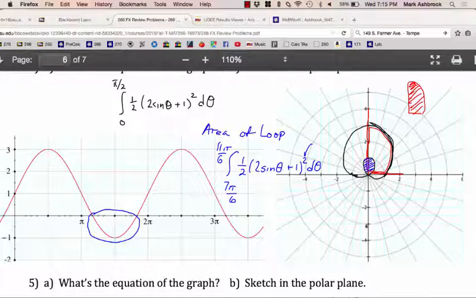So what's the period? What would happen if you did the whole thing? If you did the whole thing, you'd get everything inside the external curve, and you would be counting the loop area twice.